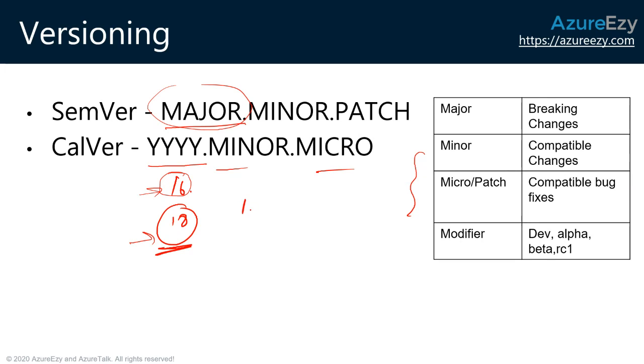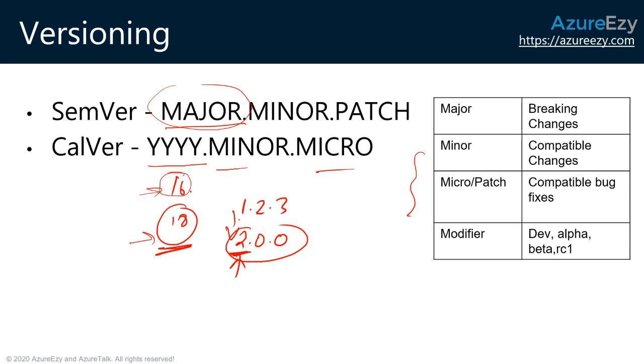So previously it was 1.2.3. Now the developer has released 2.0.0. Then when I am upgrading from 1.1 to 2, I know that this is a major change. All right, there might be some breaking changes.